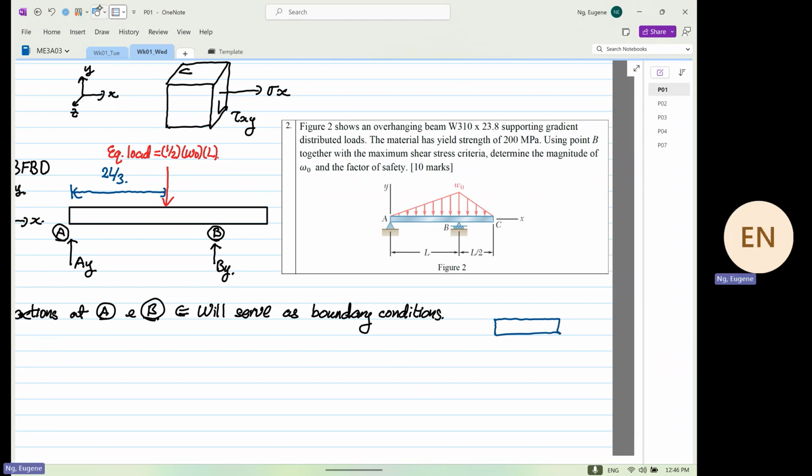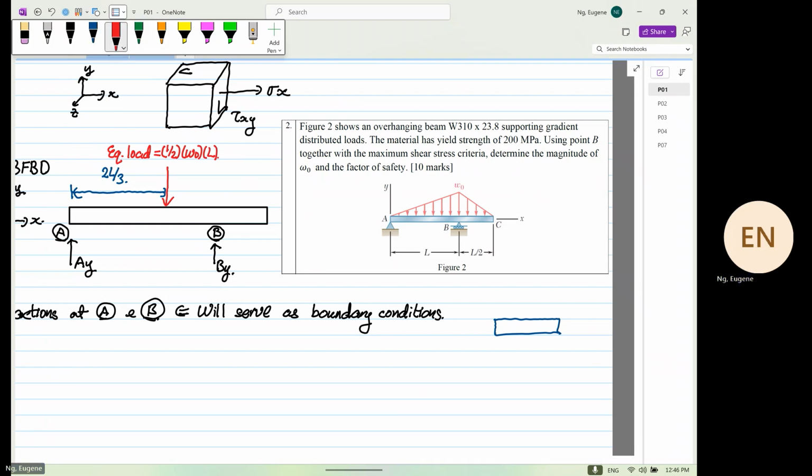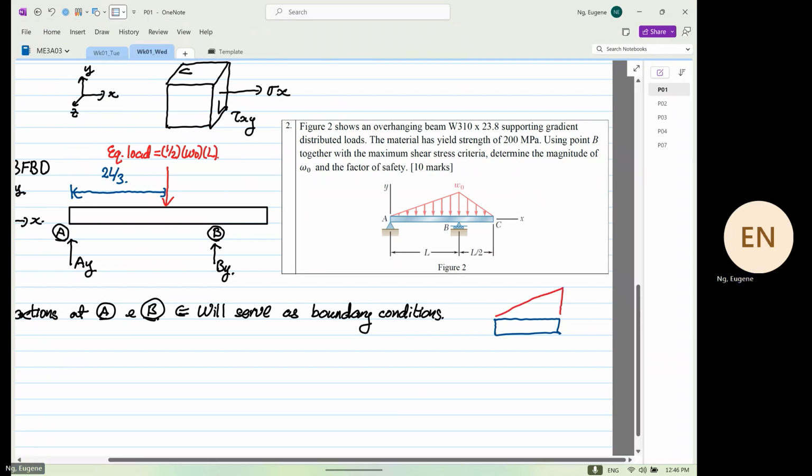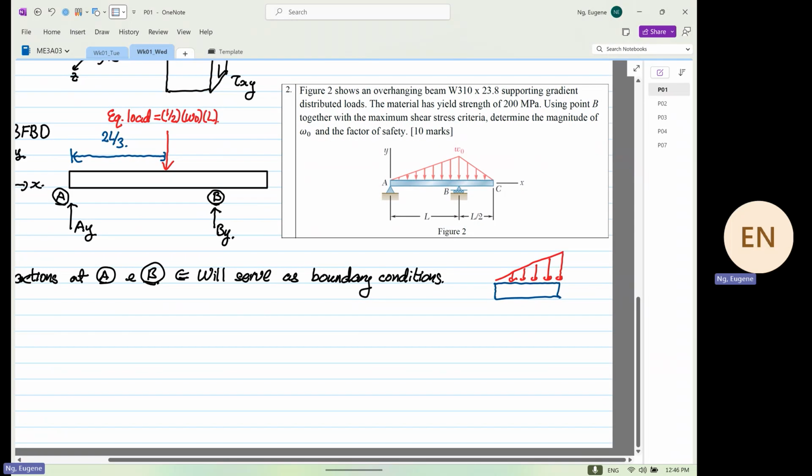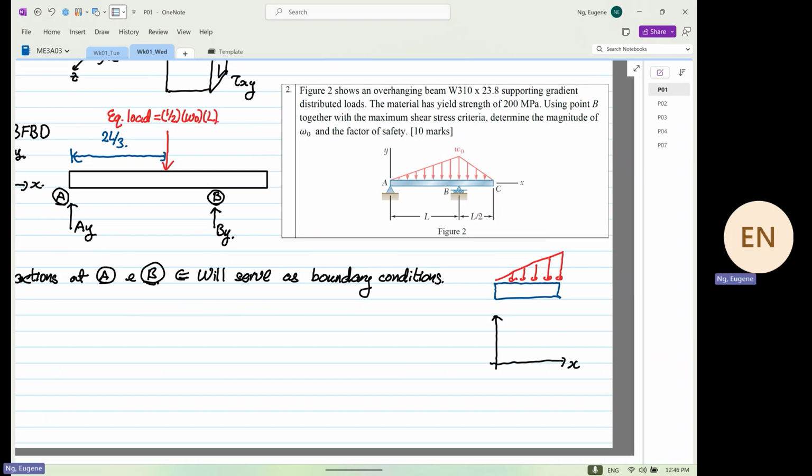if you have a triangular distributed load, okay, so now what does this mean? If you see a symbol like this, what does it mean? So mathematically, if we were to sketch this, this is x and this is omega naught.